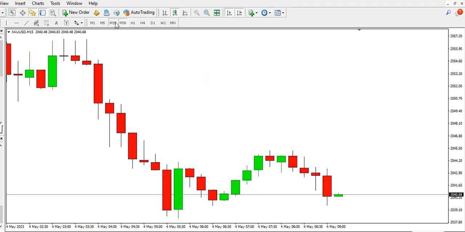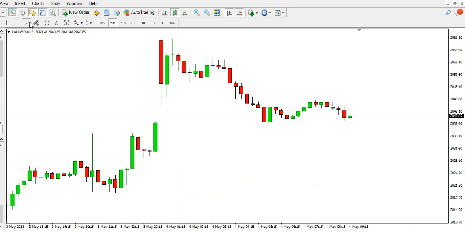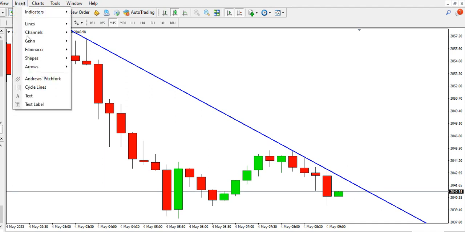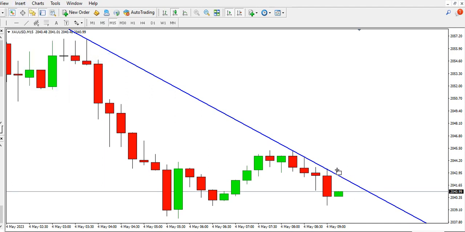On the 15 minutes time frame, it is quite obvious that price is dropping, and keeps dropping until we have a breakout of this particular trend line to the upside.